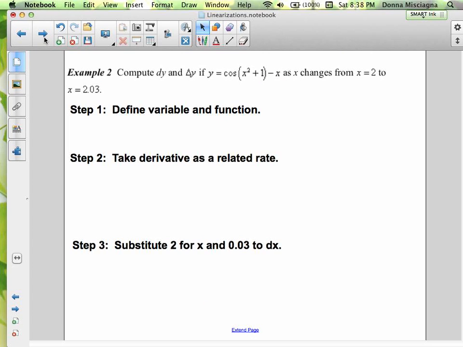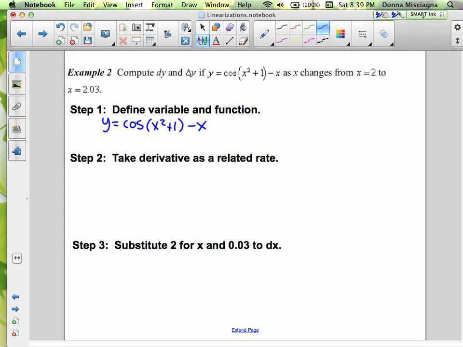Compute dy and change in y if y equals cosine of x squared plus 1 minus x, as x changes from x equals 2 to x equals 2.03. Our function is pretty much defined for us: cosine of x squared plus 1, minus x. There's nothing really to do with defining the variable in the function. It's already given to us.